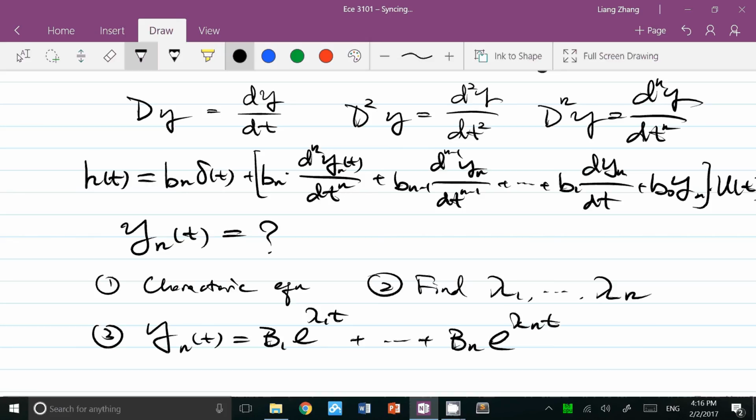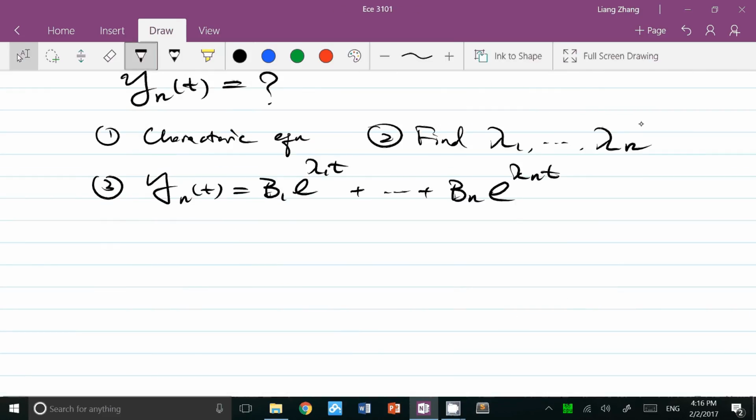And of course, here you have a new set of coefficients, those b's. So to find the values of those bi's, b1 up to bn, a special set of initial conditions will be used.